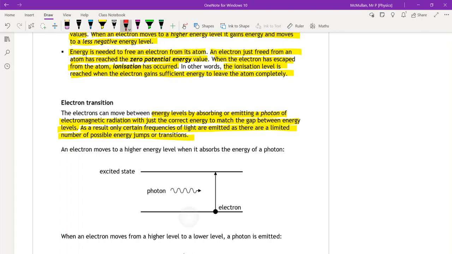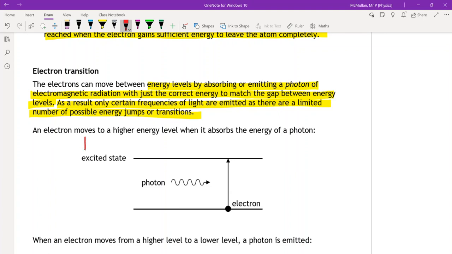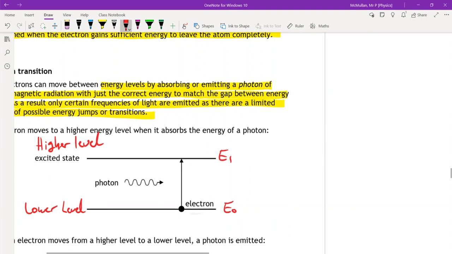So our diagram here needs a little bit more written on it. This is a higher level of energy. Here we have a lower level. We don't know if it's a ground state, it doesn't tell us. We could call this where it starts, and this is where it's going to jump to.